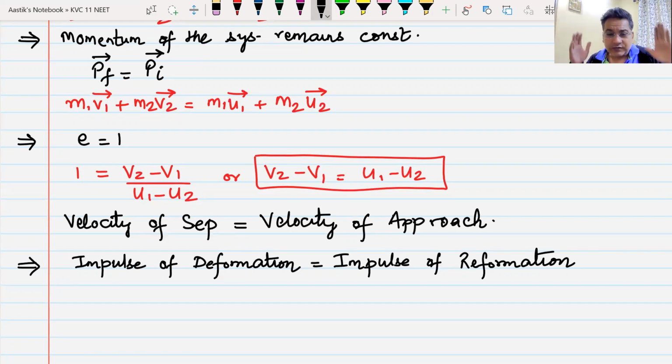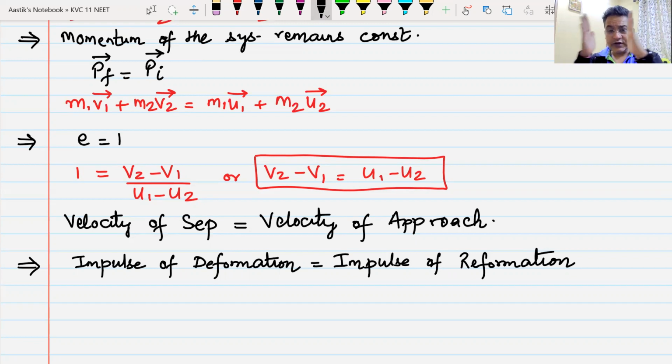The ball gets deformed. In fact, whenever two bodies are colliding, they first get deformed and then they try to reform. Deform means their shape changes. Reform means they try to come back to their original shape. Do we understand this?